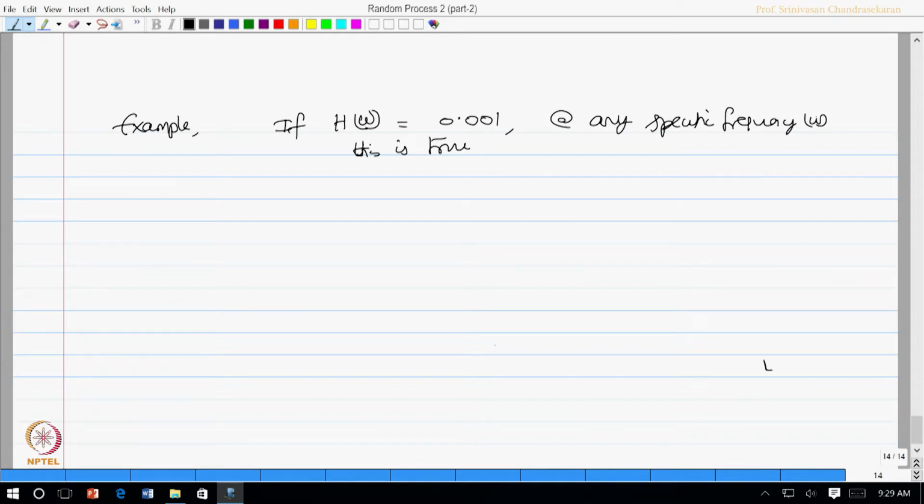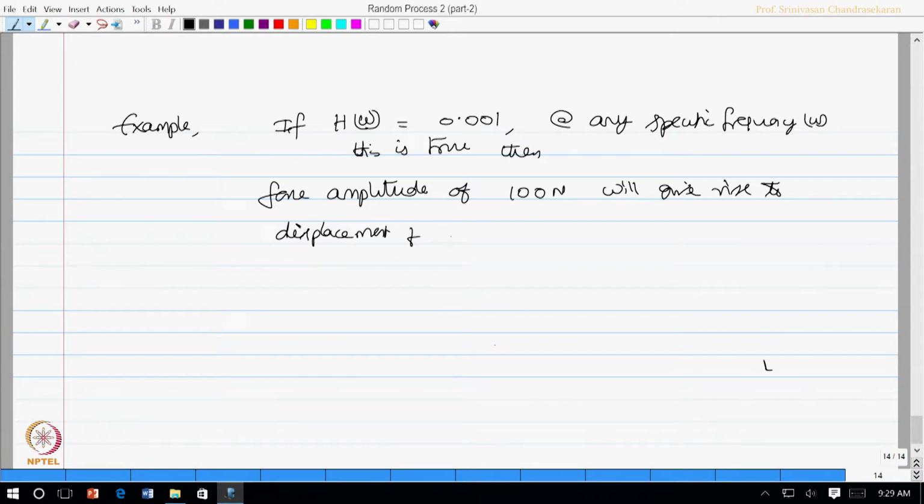So, for a specific frequency, let us say H omega is 0.001, then a force amplitude of, let us say, 100 Newton will give rise to a displacement of 100 into 0.001, which is 0.1 meters at this specific frequency.